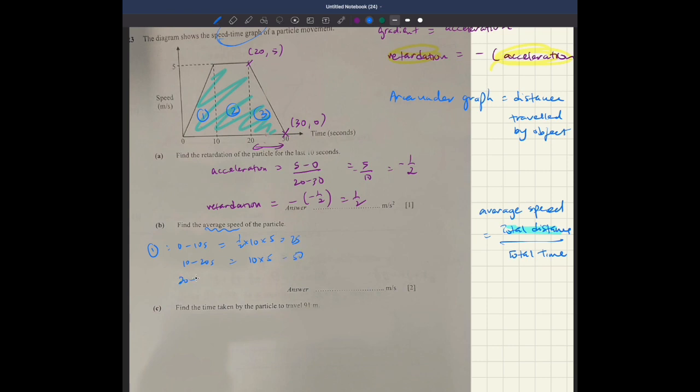And then we have 20 to 30 seconds, that is half times base times height again, so it's 25. So based on this formula, the average speed will be 25 plus 50 plus 25 over 30, which is going to give me 300 over 30, 3 and 1/3 meters per second.